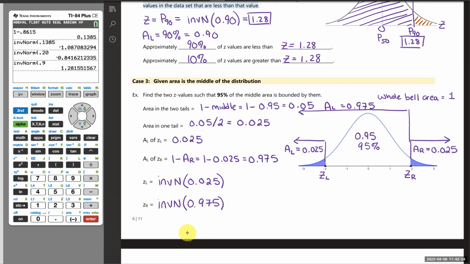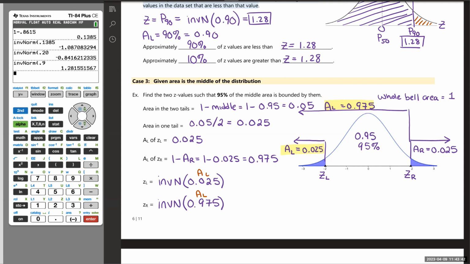If you can always remember, you inverse norm the area left of what you're looking for, that will be priceless. For this one, we inverse norm that. For this one, we inverse norm that.